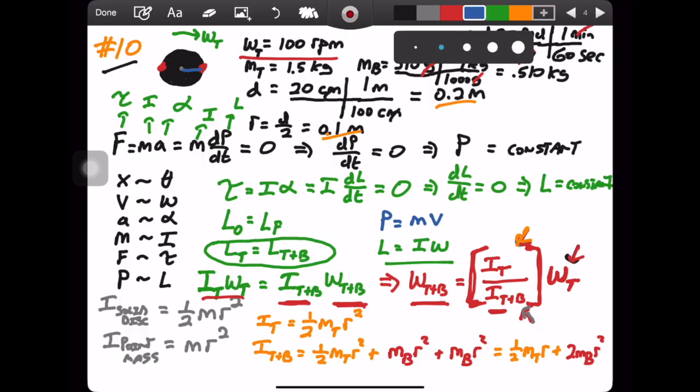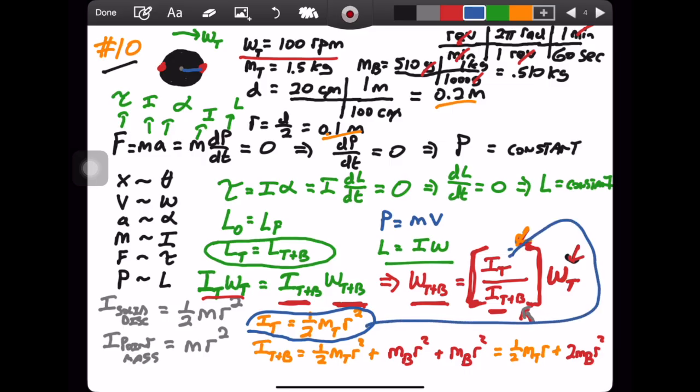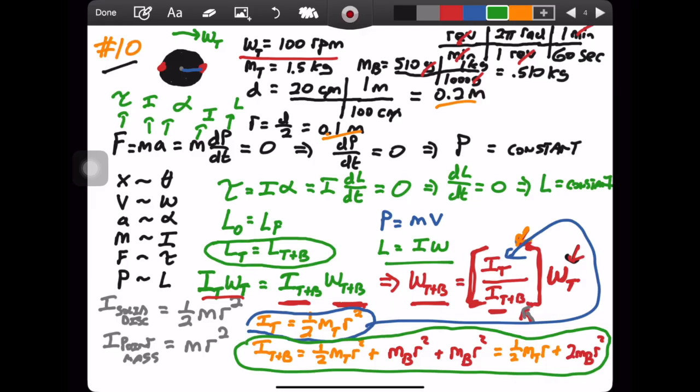So that means that this term right here goes right there. And this term right here goes right there.